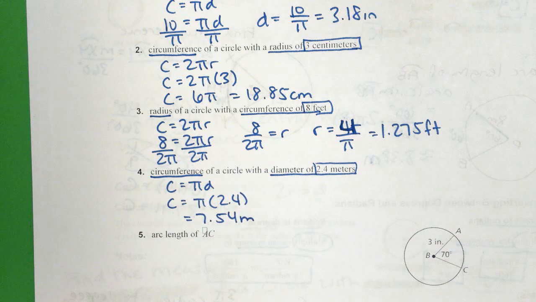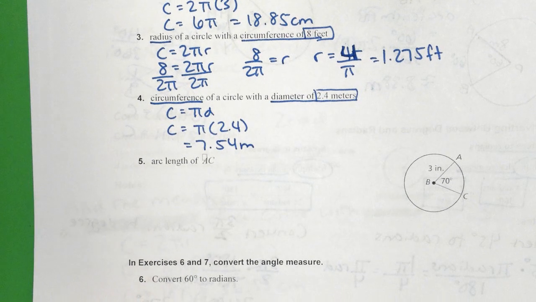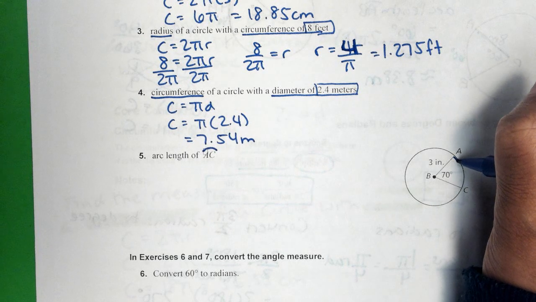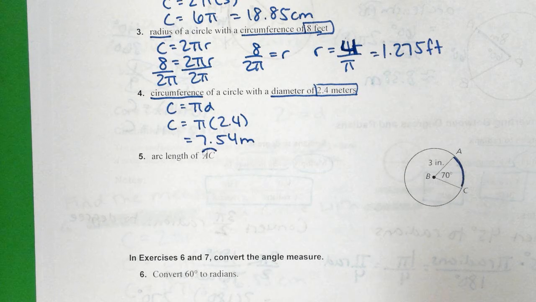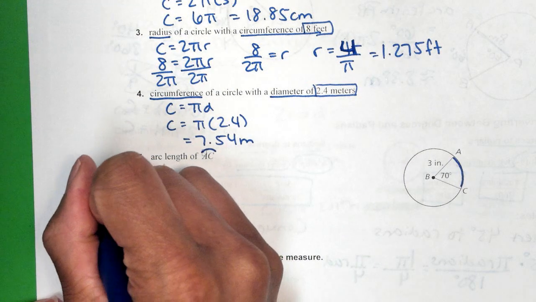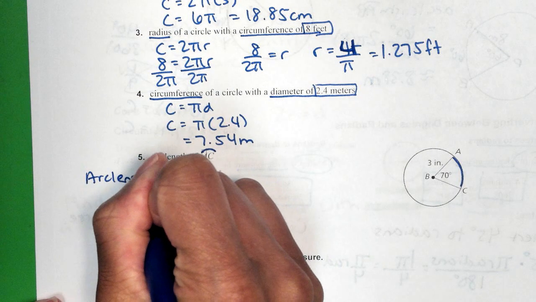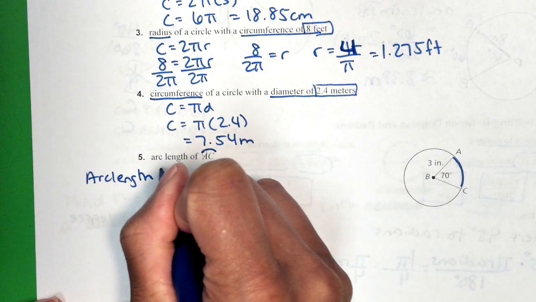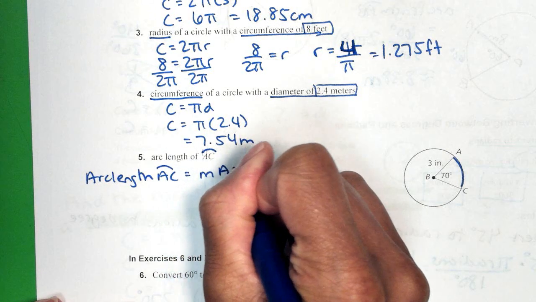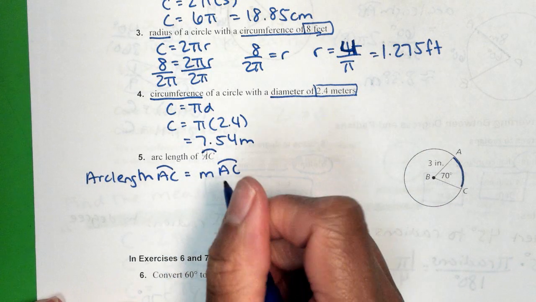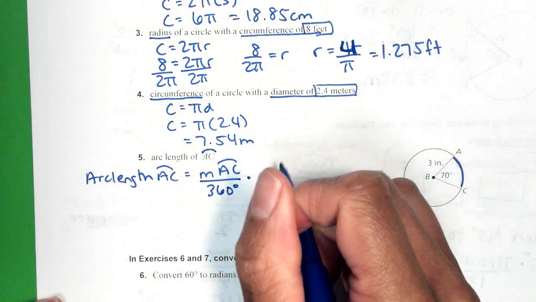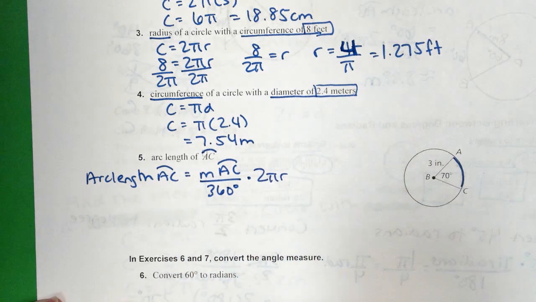Okay, and our last, one of our few ones, we need to find the arc length of arc AC. So this is our arc length, and remember, for arc length we can use the previous formula. So the arc length of AC is going to equal the measure of arc AC divided by 360 degrees multiplied by 2 pi r.